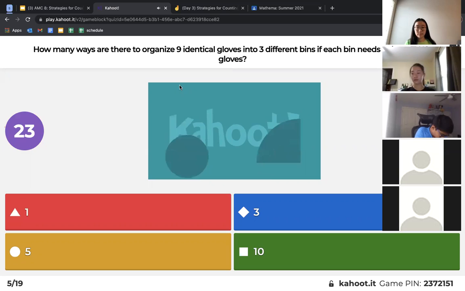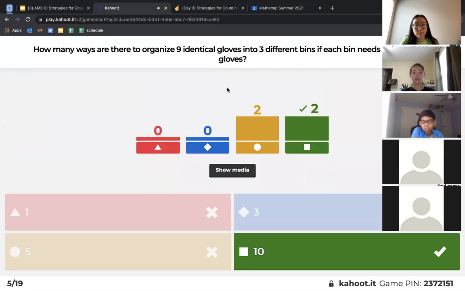This one's a little tricky. Okay, so the answer here is 10, and you can think about it like this: you give each bin 2 gloves automatically, so then there are 3 gloves left, and you need to put 3 gloves into 3 bins.